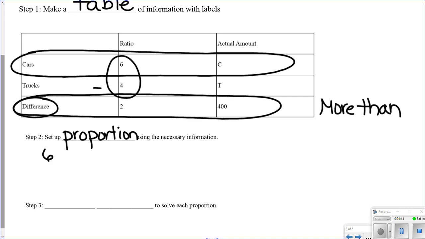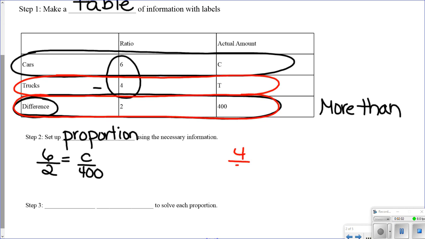So I have 6 over 2 equals C over 400. The next set of information for my next proportion would come from the center box and the bottom box. So we would have 4 over 2 equals T over 400.